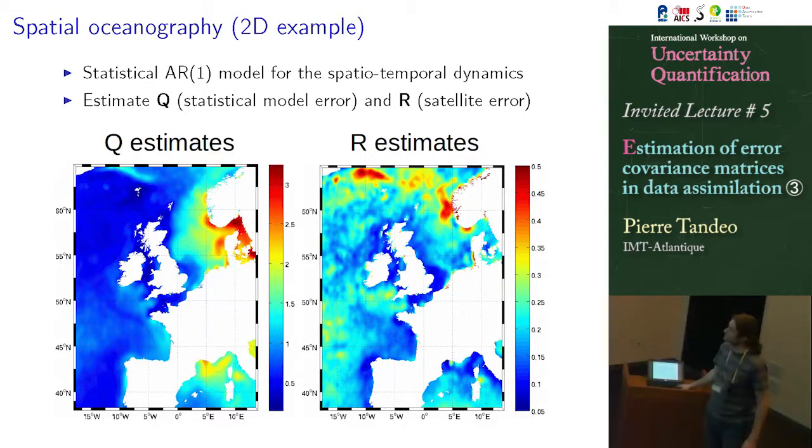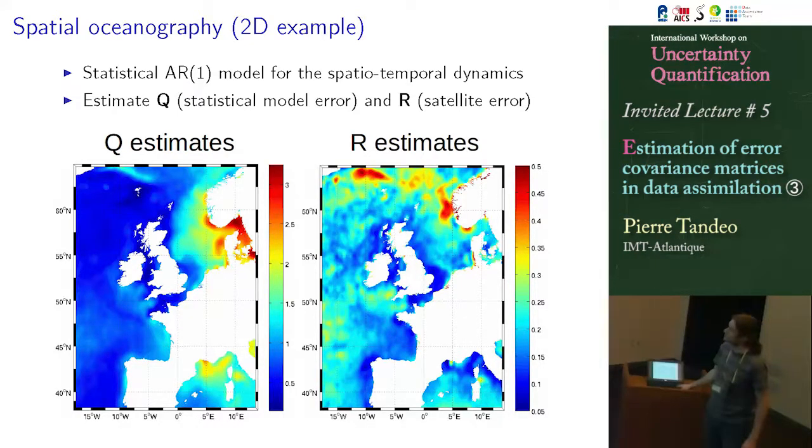When the temperature is increasing, you have some wind, and then the temperature is decreasing very rapidly. In my very simple model, I don't use wind, so that's why I have strong errors in my model.